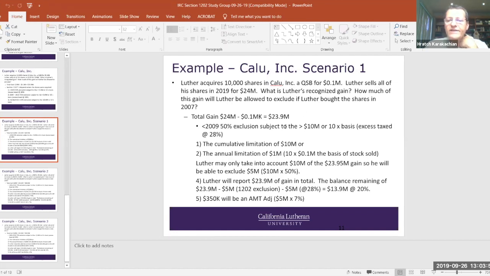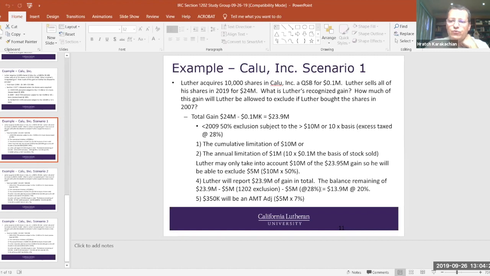His entire gain is 23.9, the 1202 exclusion is 5. Remember the balance, 10 million minus 5 million, the other 5 million, has to be taxed at 28%. And then the remainder, the 13.9 million, is taxed at 20% at the capital gains rates in 2019.